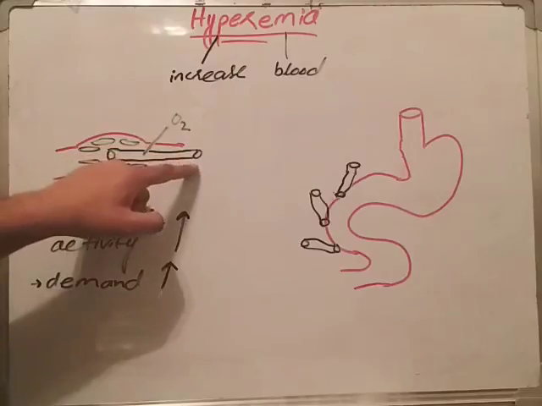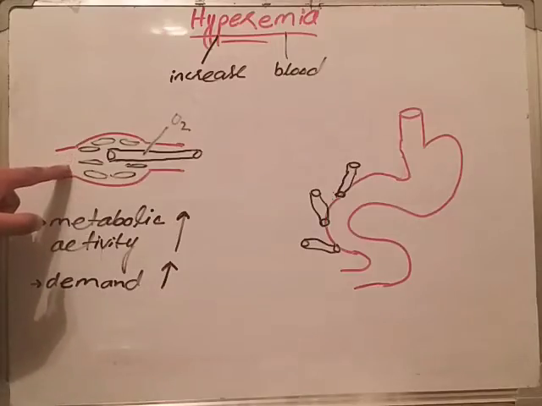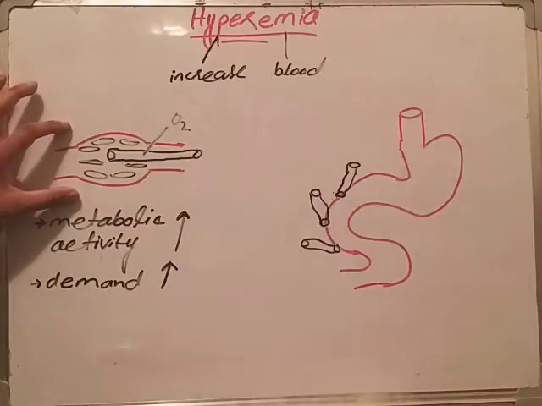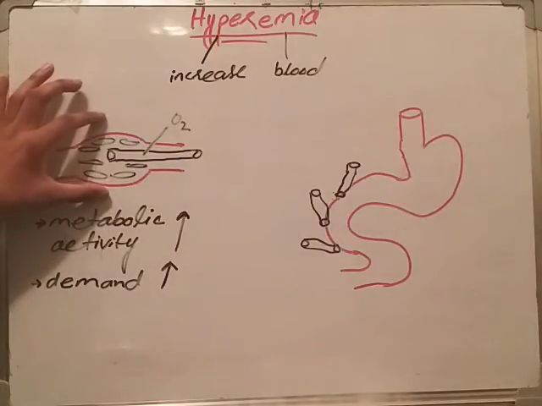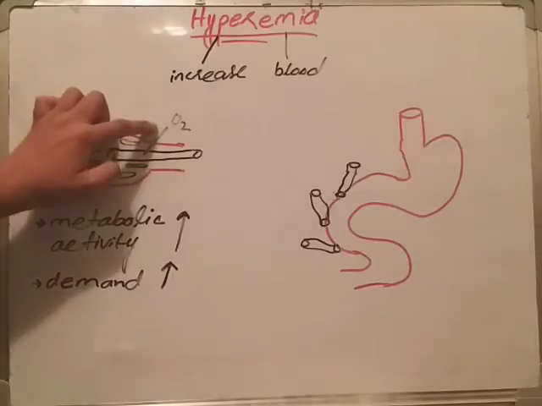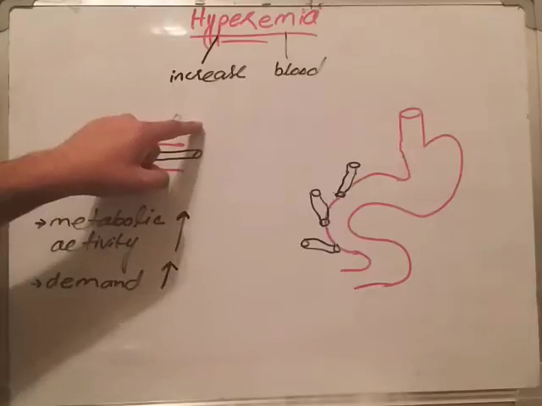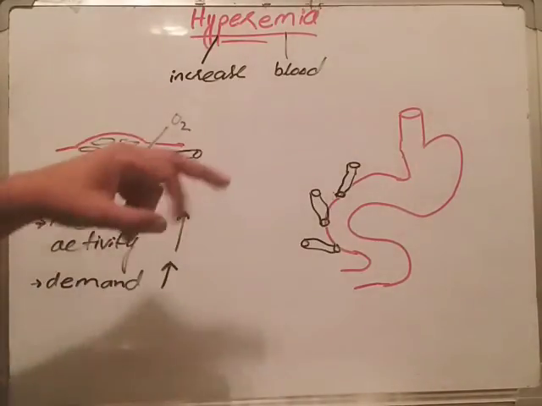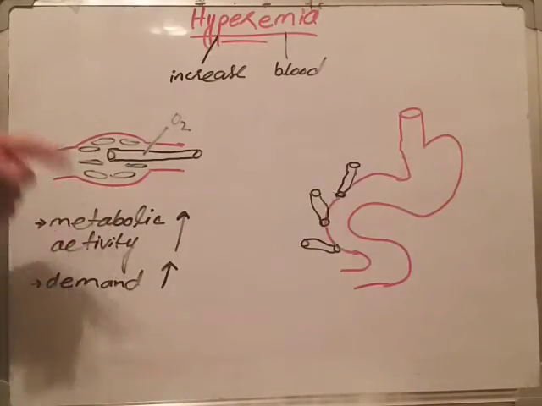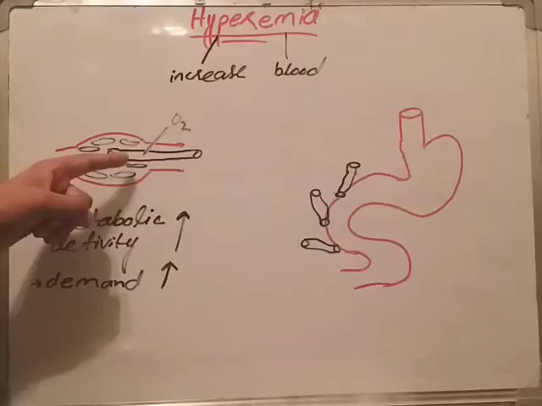If this vessel does not dilate and does not provide excessive oxygen to the fibers, then a state of hypoxia occurs in these tissues, because in normal condition, a certain amount of oxygen is provided to the skeletal muscles. But in enhanced metabolic activity, the oxygen demand increases, so the vessel has to dilate.